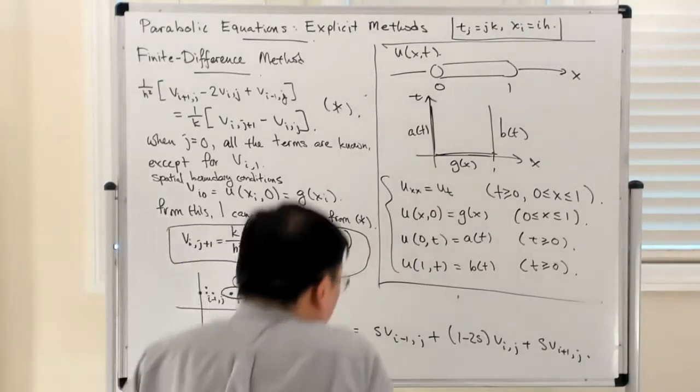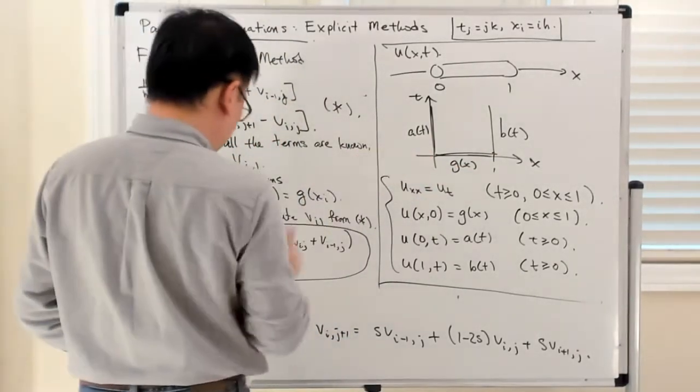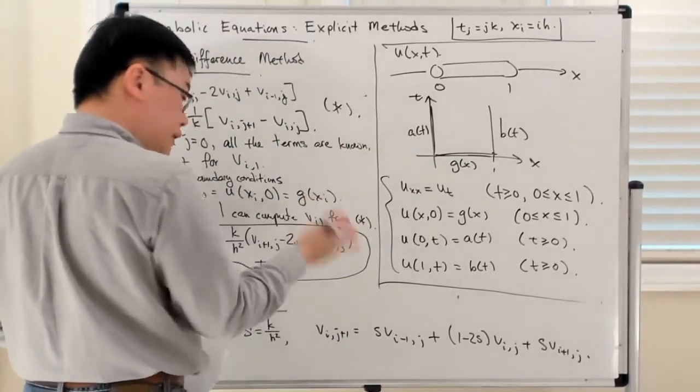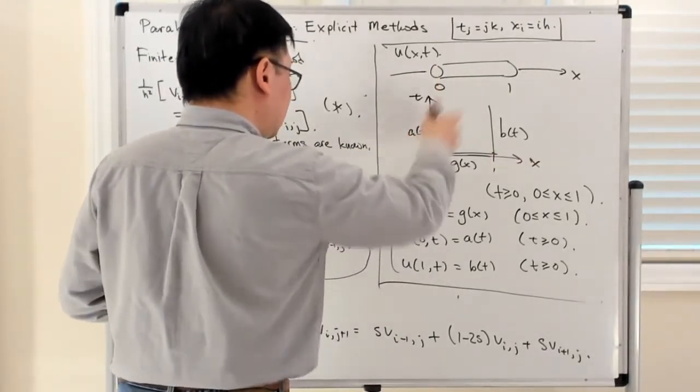So again, it's easy to convince yourself that this method is explicit. The unknown is written in terms of stuff on the right-hand side, which you know, either from the data at the previous time interval or the boundary data.